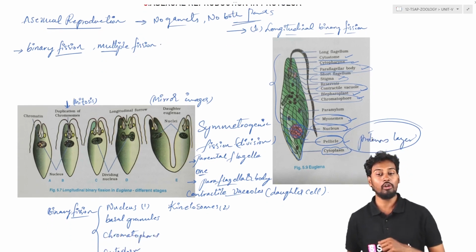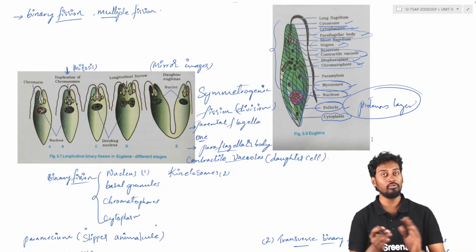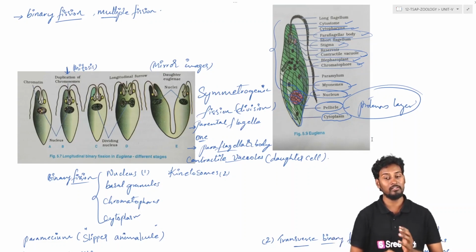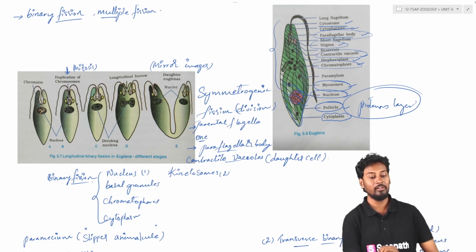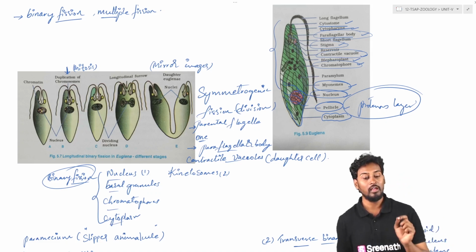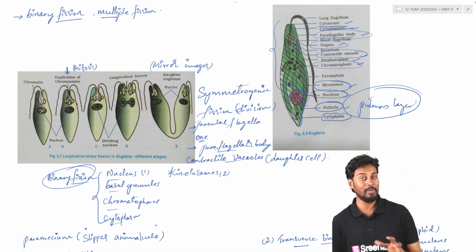So coming to the longitudinal binary fission, this is the longitudinal binary fission which is taking place in Euglena. In binary fission, in the first step we can see the nucleus, basal granule, chromatophores and also cytoplasm will be divided.